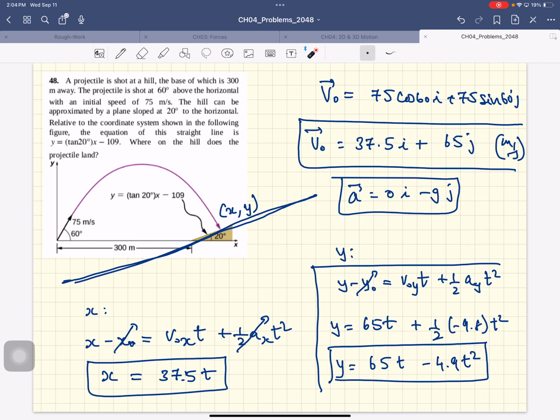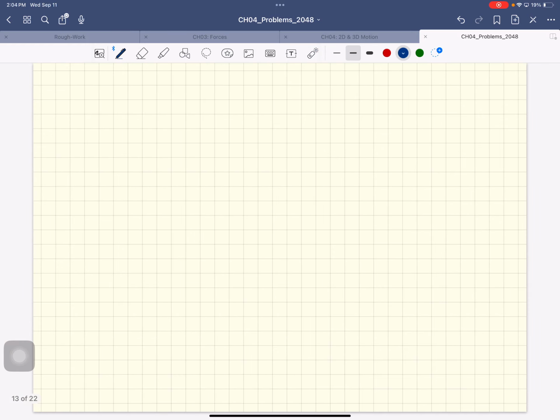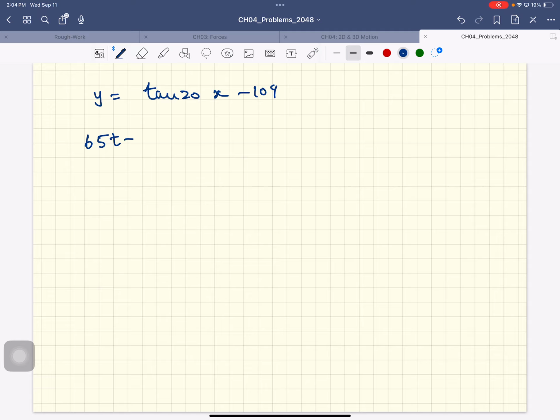What we'll do is we'll put this there and this there to solve for t. So y is tan 20 x minus 109, except y in terms of t is this: 65 t minus 4.9 t squared equals tan 20 times x, which is 37.5 t, minus 109.